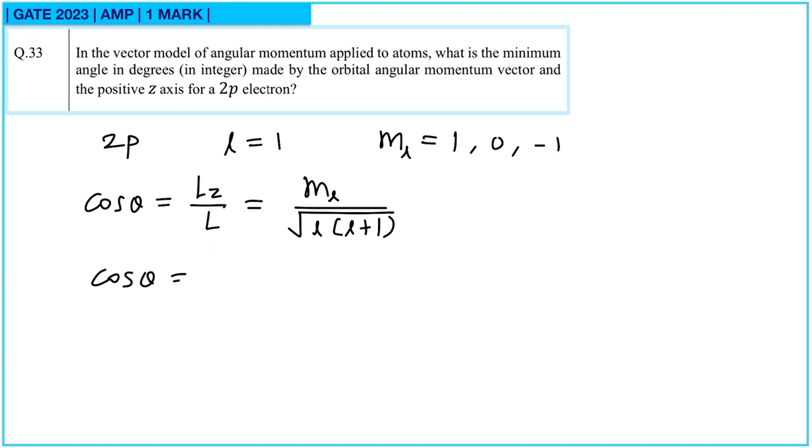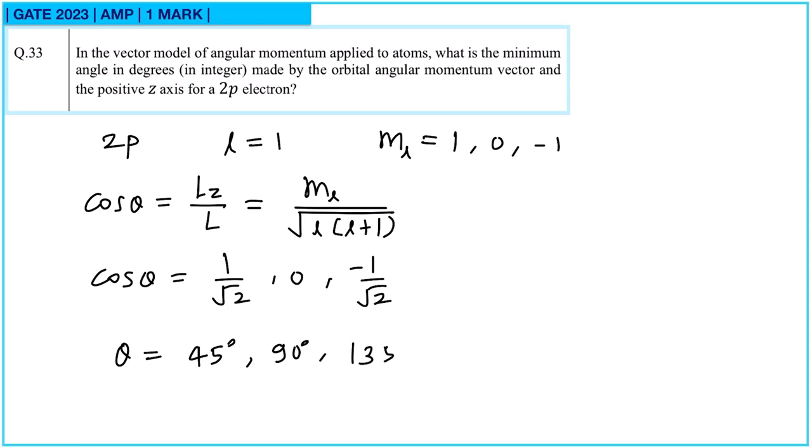Now L is 1, so this will be 1 into 1 plus 1, that is 2, root 2 only. So 1 by root 2, then 0 and minus 1 by root 2. That means theta can be 45 degree, or if it is 0, then it will be 90 degree, or 135 degree. We want the minimum value, so the answer is 45. And the answer given in the answer key is also 45.